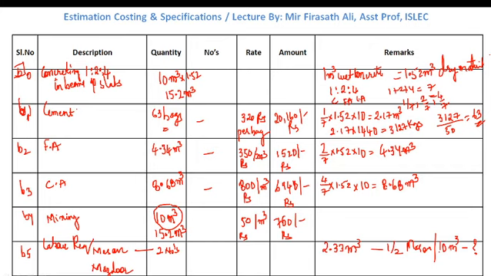Similarly, mazdoor for 2.33 meter cube, we required around 7.5 mazdoors. So for 10 meter cube, if we cross multiply this, we will get the value around 27.